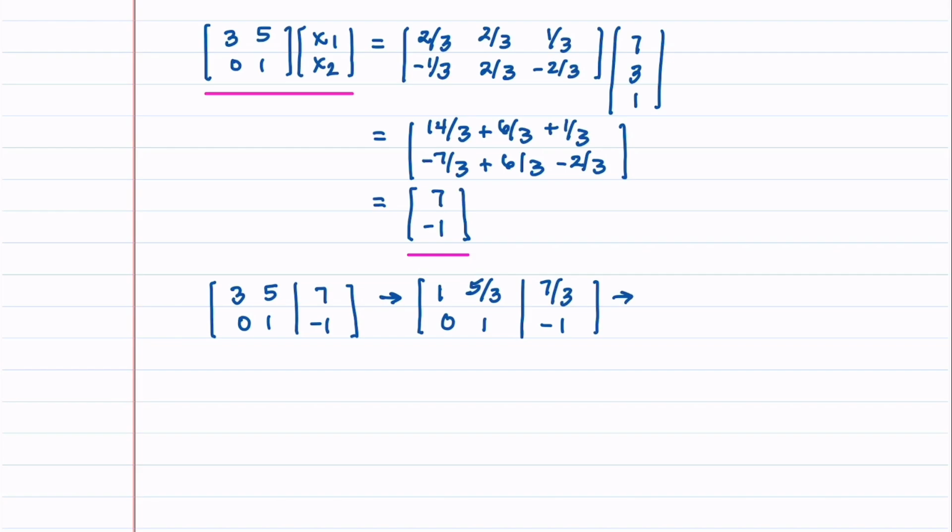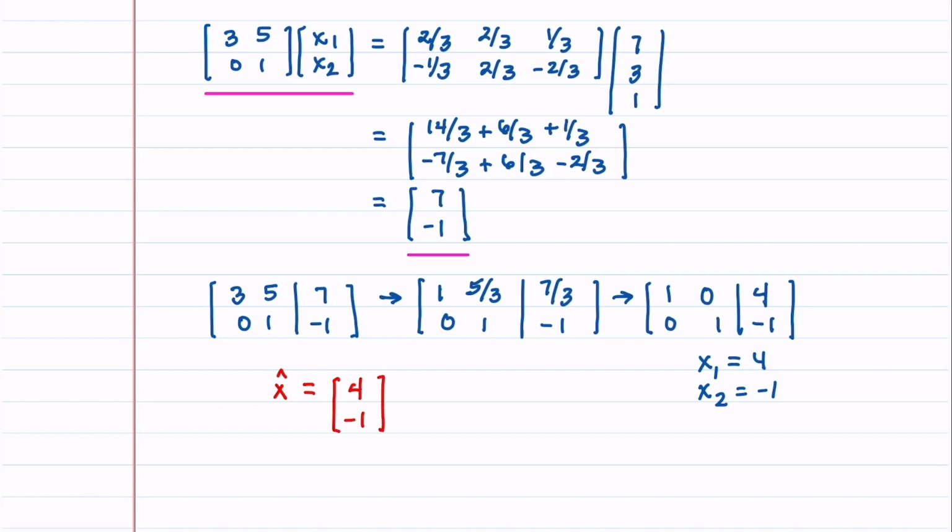I'm now going to multiply our second row by minus 5/3 and add it to our top row. So this is 1, 0, and then we get 5/3 plus 7/3 is 12 over 3, which is equal to 4. Our augmented matrix tells us that x1 is equal to 4 and x2 is equal to negative 1. So our least square solution x hat is equal to the vector (4, -1).